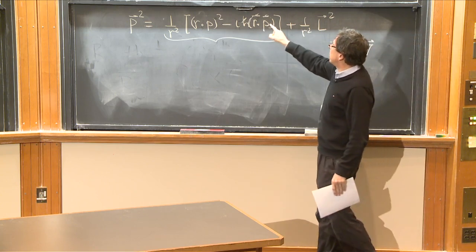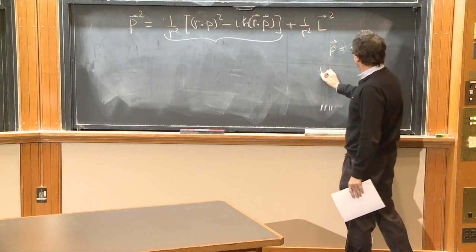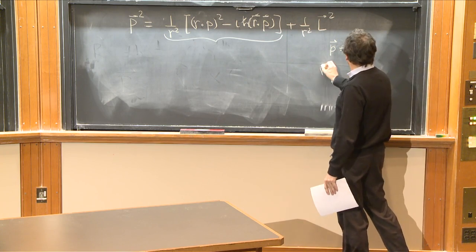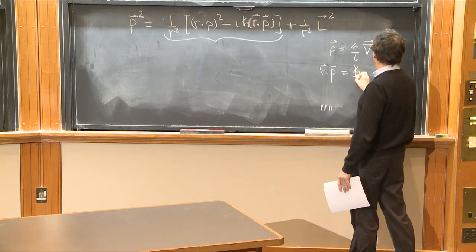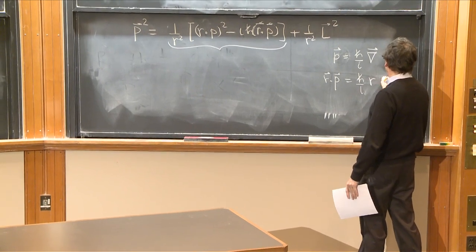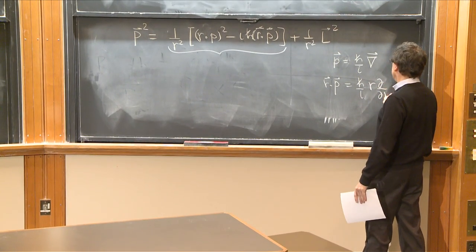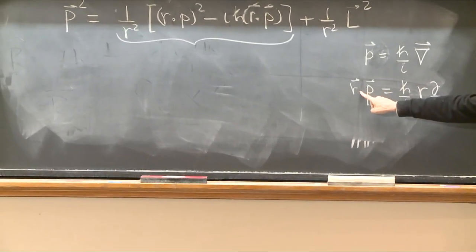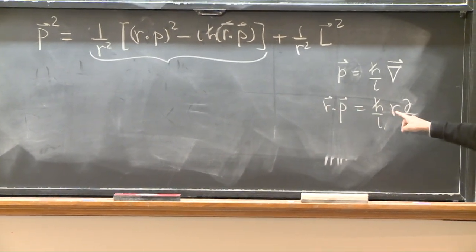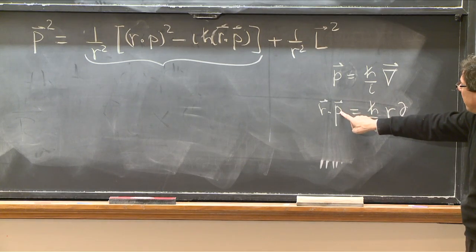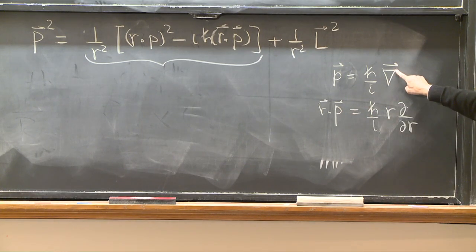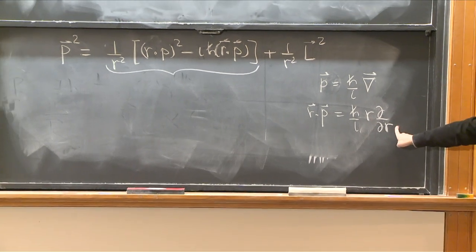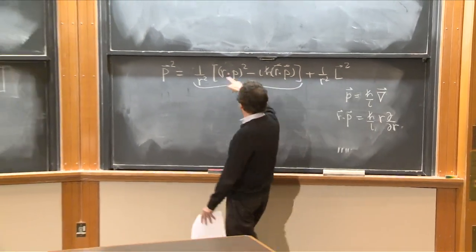And R dot P, therefore, is h bar over i R d/dr. Because R vector is R magnitude times the unit vector in the radial direction, and the radial direction of the gradient is d/dr. So this can be simplified.